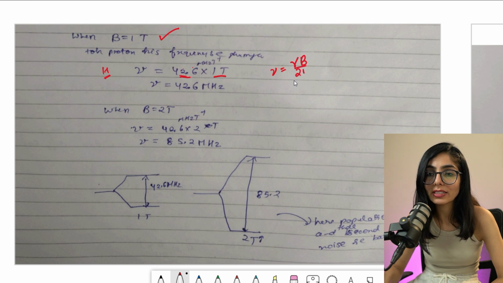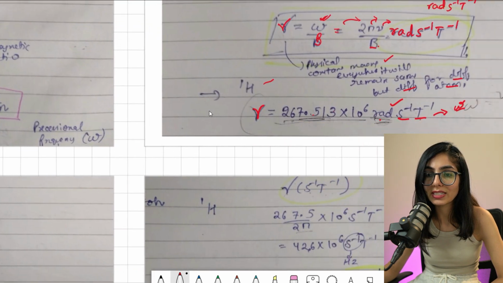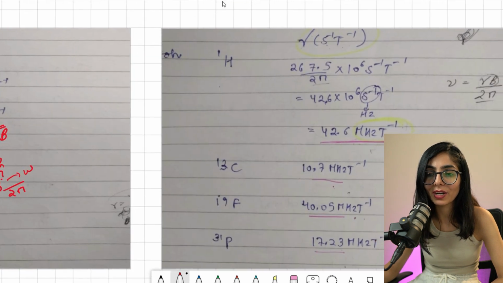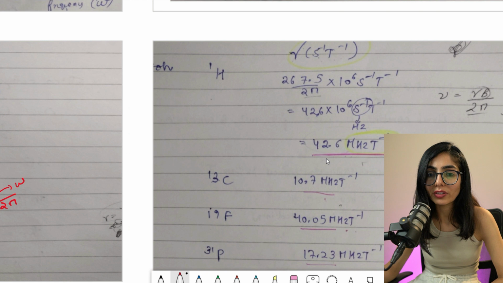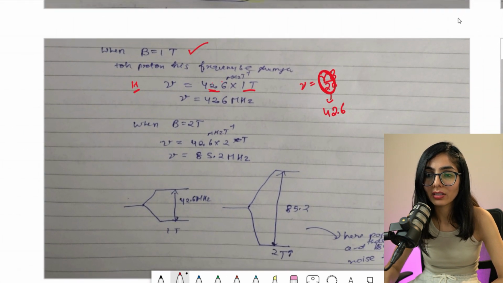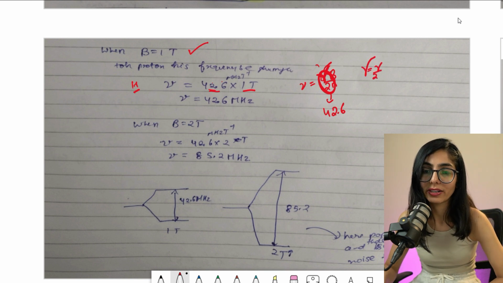Yeah, but over here it is already divided and written as 42.6. You can see they did not write 267.513. They just directly wrote 267.5 divided by 2 pi. So they already considered it. That's why I put the long gamma over there, just to segregate that this is divided. This long gamma is basically gamma divided by 2 pi.